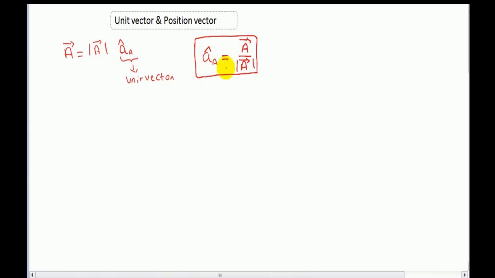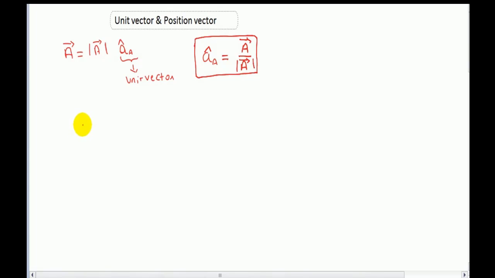So this is the formula for unit vector. By using this we can find out unit vector along any vector.